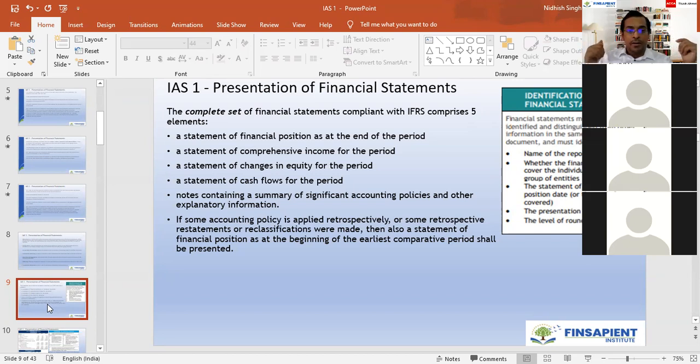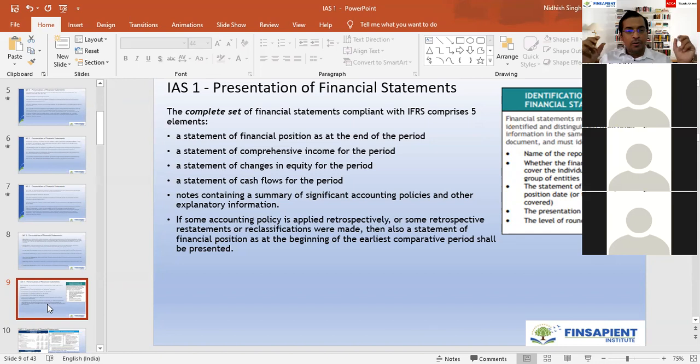So restate the financial statement of the previous year whenever you change the accounting policy. That's called restatement. And this is one of the key criteria for restating the entire financial statement. Not only will one statement change, it will change almost all of them. Balance sheet will change, statement of changes in equity will change, the P&L will change. Of course, the cash flow is the only one which will not change, except that some line items can just move.